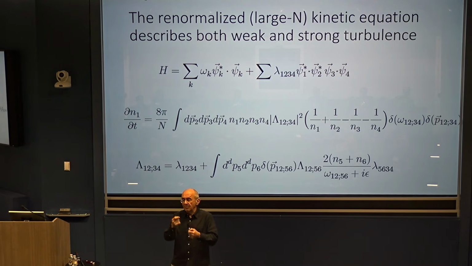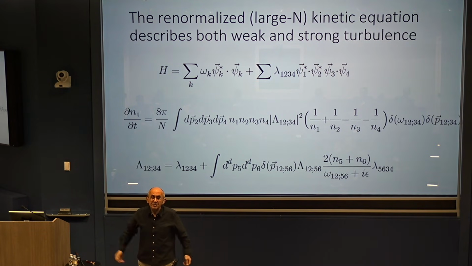Before, the kinetic time was proportional to 1 over lambda squared. Now it's proportional to n squared. So in this sense, n takes the role of lambda. But the computations are much less trivial, because for lambda you just need to take the first non-vanishing term. For n, because you want to consider all orders of lambda, you take the leading order in n, but it contains an infinite number of terms in lambda. So you sum these terms. That's what you do.